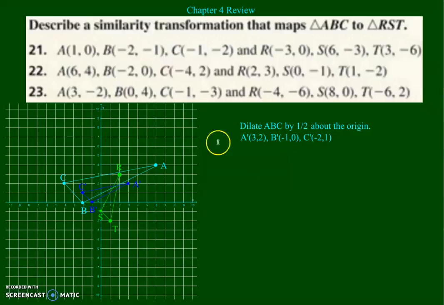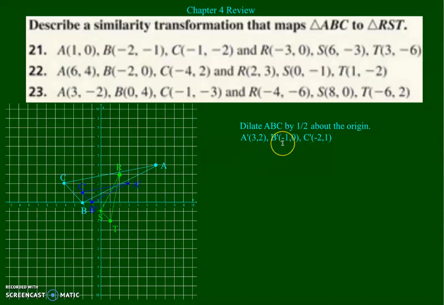So A is 6, 4. Divide 6 by 2, you get 3. Divide 4 by 2, you get 2. So you have A prime is 3, 2.